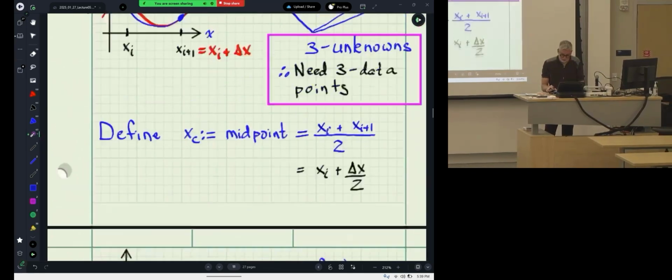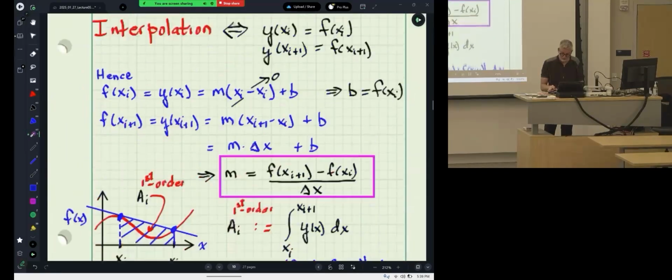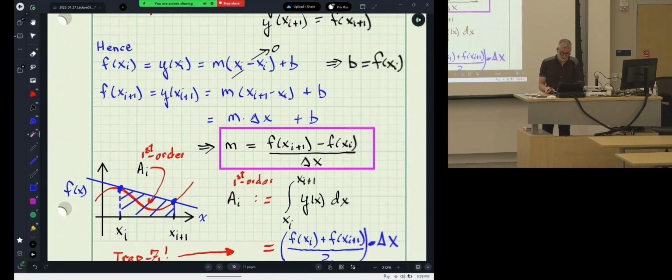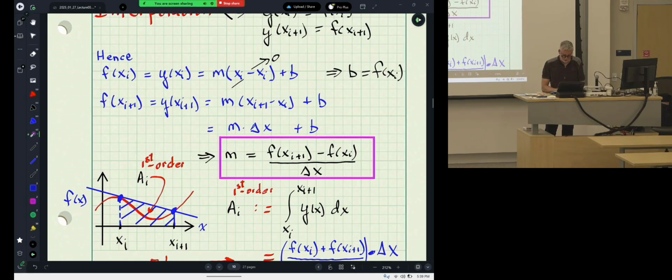Just as we could easily solve for B and M by taking the linear equation and matching the function values, now take a quadratic for the interpolating function and solve for alpha, beta, and gamma such that you match at xi, xc, and xi plus 1.